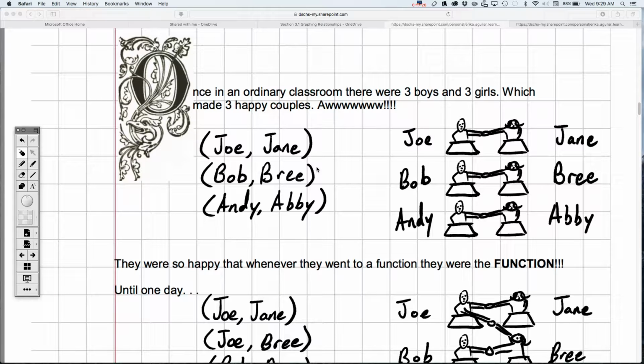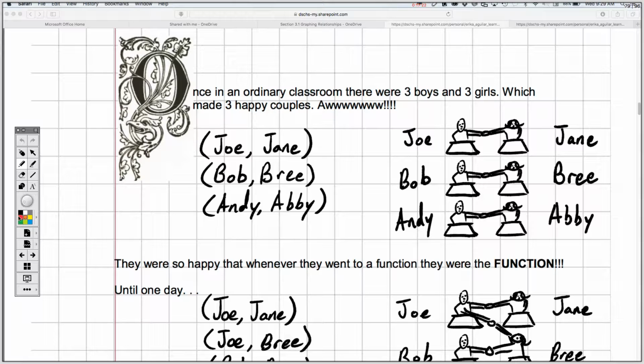I'm going to jump ahead because it seems like you guys are understanding this. So if I had this instead of Joe and I put a number 2, and here I have Jane, we'll say is 3, this would represent 2, 3 as the coordinate. So that's how it's related to math. Bob and Bree, if I say 5 and 7, this would be 5 and 7.